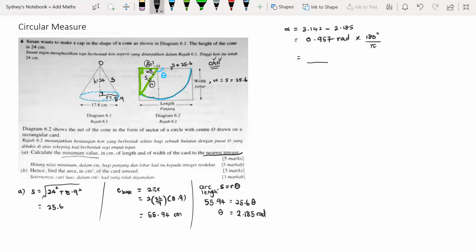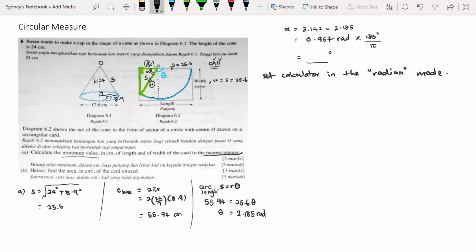Then you'll get the alpha in degree form. But in this case, we just set the calculator in the radian mode, so that we do not need to change to degree.